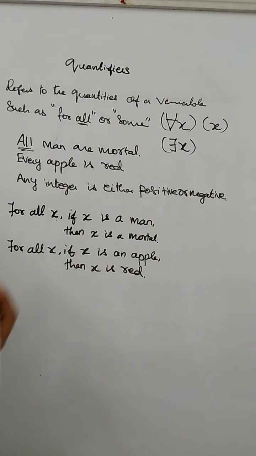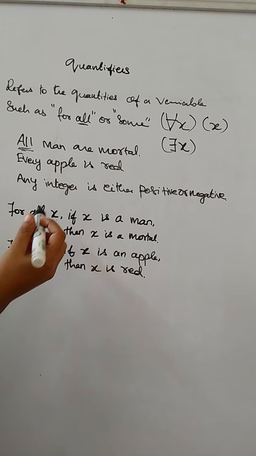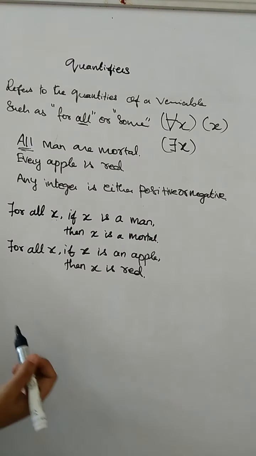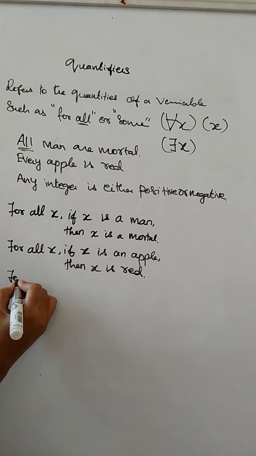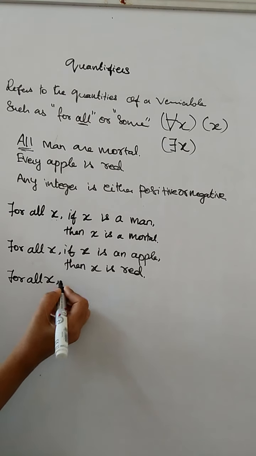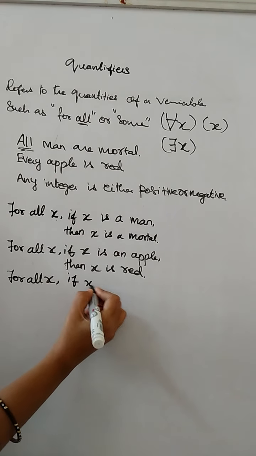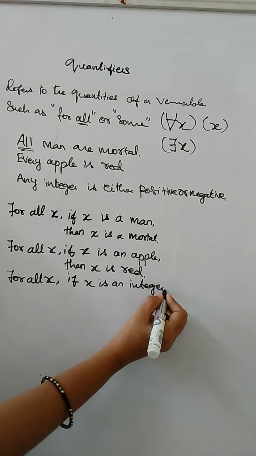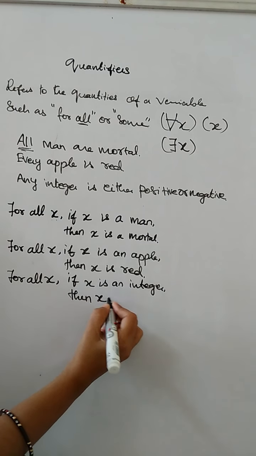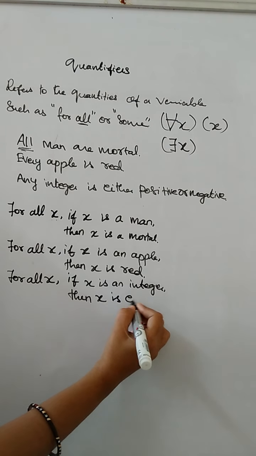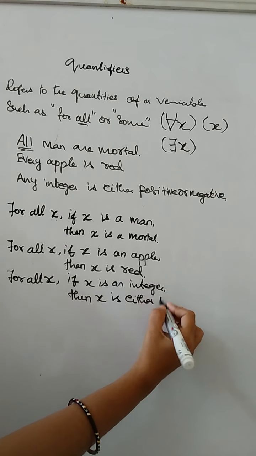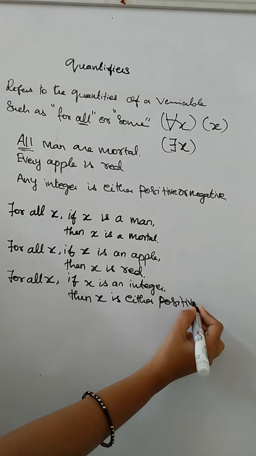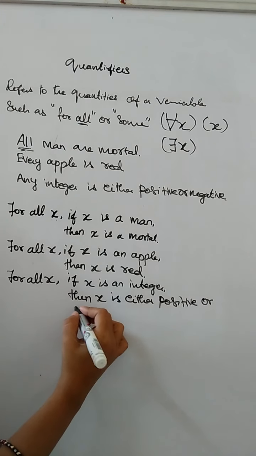Any integer means it can be any integer, so it indirectly says all the integers are either positive or negative. So we can rewrite it as for all x, if x is an integer, then x is either positive or negative.